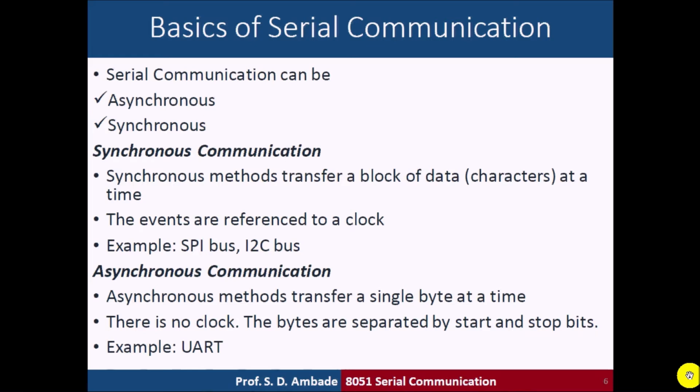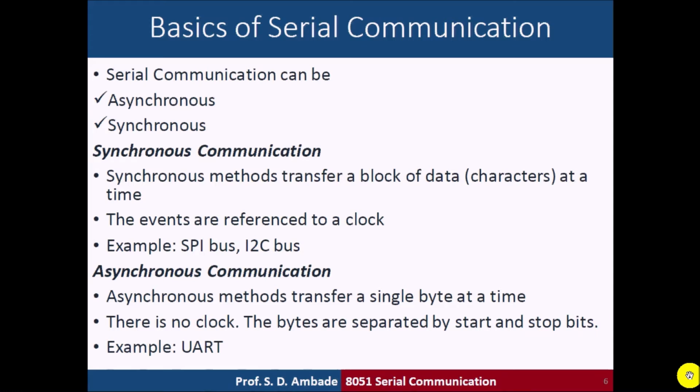So serial communication can be synchronous or asynchronous. As you all are aware, what is synchronous, what is asynchronous. Just recap the terms. In synchronous communication, synchronous methods transfer a block of data, or we can say characters, at a time. The events are referred to a clock.